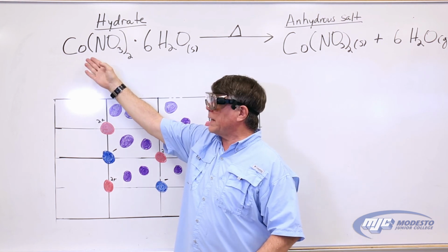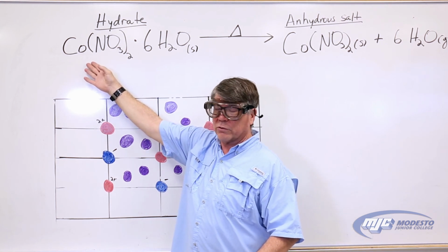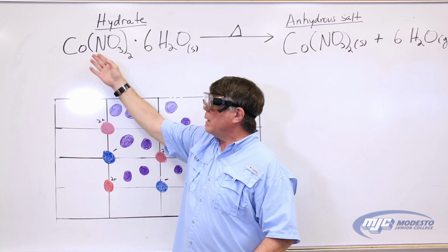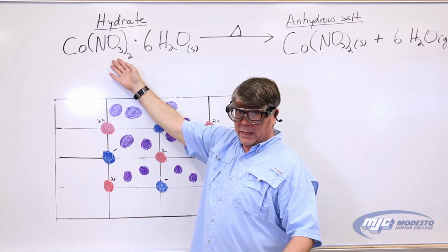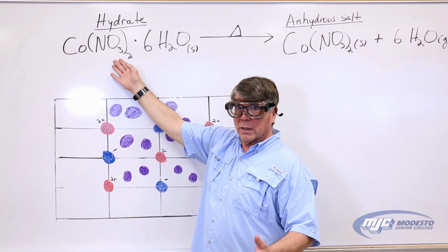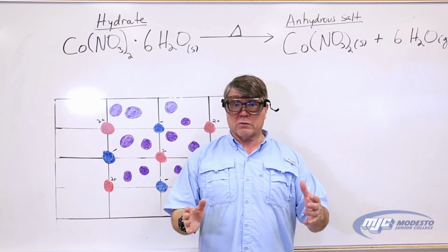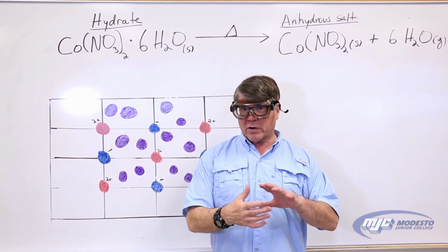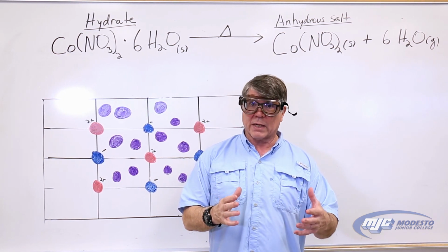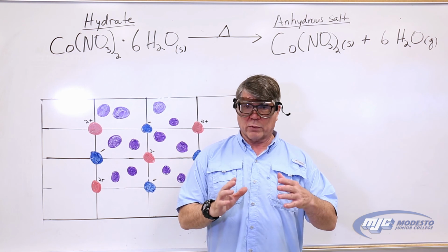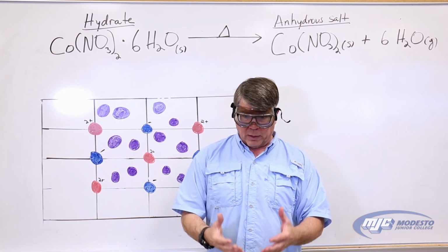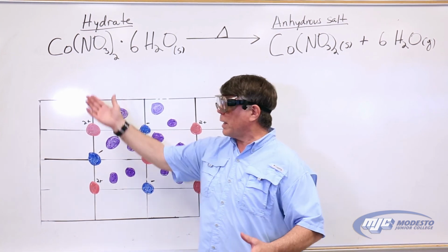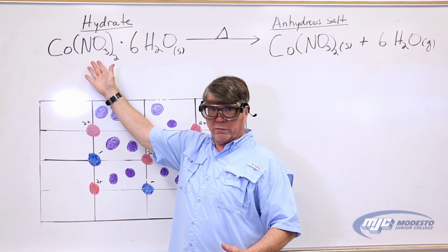That means it has a cation, something with a positive charge, in this case the cobalt, and an anion, something with a negative charge, in this case the nitrate. And because opposite charges try to get as close to each other as they can, while like charges try to get as far away from each other as they can, that fact right there is what causes the structure in the ionic compound portion of the hydrate.